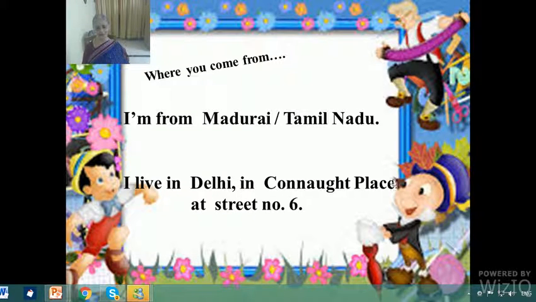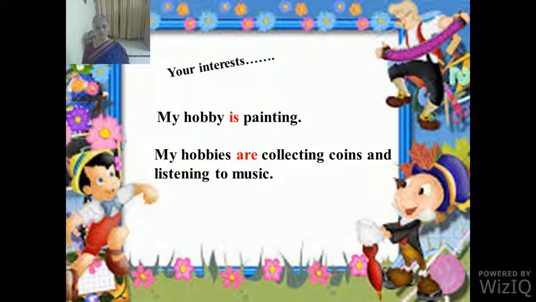I'm living in a place called Connaught Place, and I'm living at street number 6. So please note the use of in and at. In here is used for a bigger place and at is used in the smaller level. I live at street number 10. That is what you are trying to inform me.